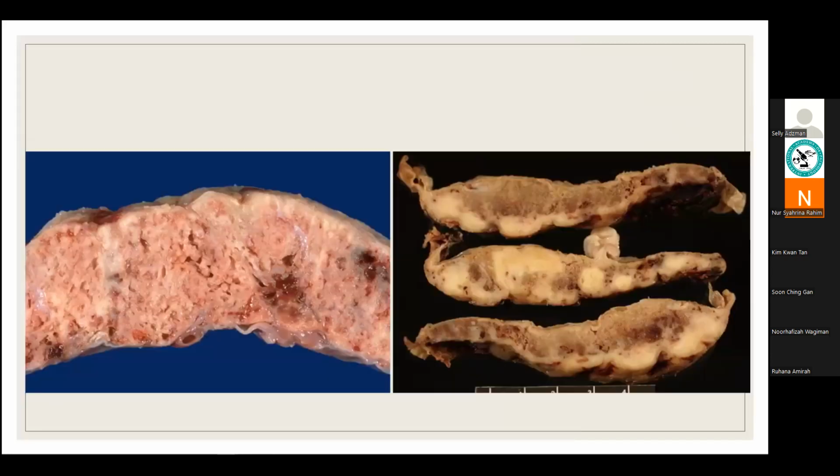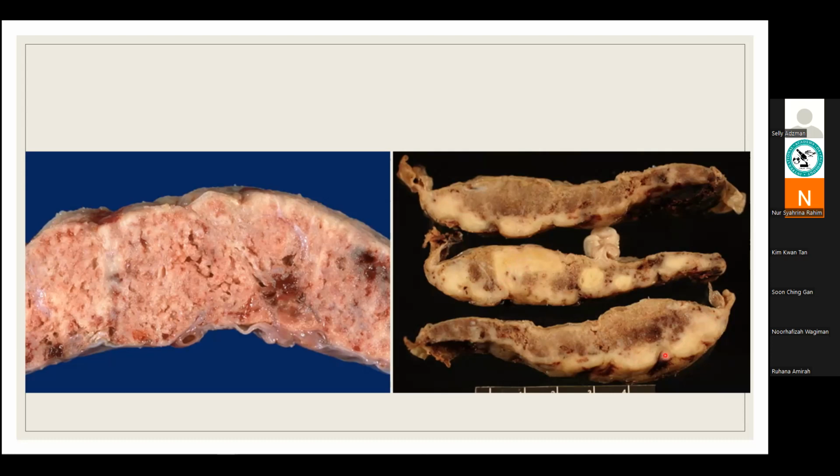Another picture. You can see this is the maternal surface, this is the fetal surface. You can only see the fibrinoid necrosis at the maternal surface, I mean the maternal area. On the right-hand side, you can see this is transmural, I mean the whole thickness of the placenta.